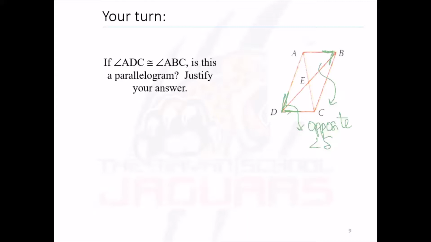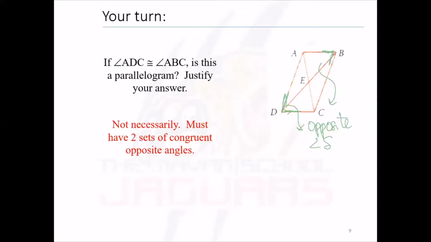I think that the answer that comes to your mind is no, because we need to have two pairs of congruent opposite angles. And in this case, I have only one pair. So this figure is not necessarily a parallelogram. So in general, we say no, it's not a parallelogram.